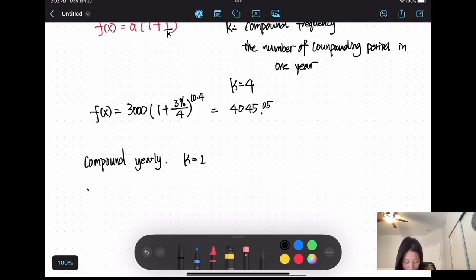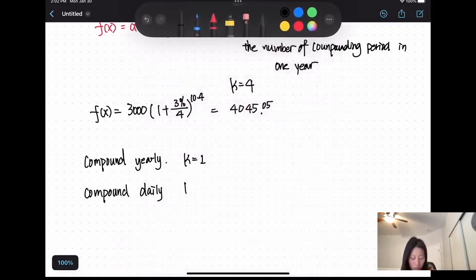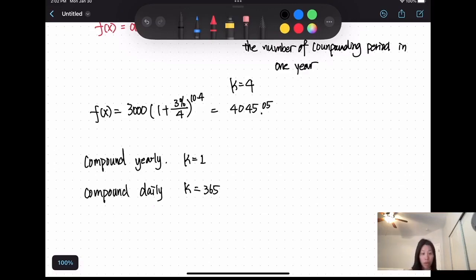But if they tell you that they want this to compound daily, k is equal to what? Then k equals 365, because you compound 365 times within a year. And if they tell you this account is going to compound monthly, there are 12 months in a year, so k is equal to 12.